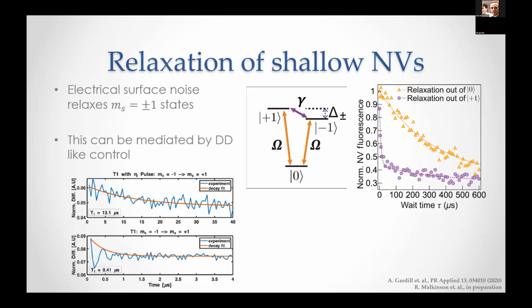I'm confused. You say relaxation out of zero. Where does it relax to? Plus and minus one. Why is it called a relaxation? The terms I think that I'm using are pretty common, but names are names. Relaxation is the term that's related to population going from one state to another, versus decoherence or dephasing, which usually describes noise where you have some population.